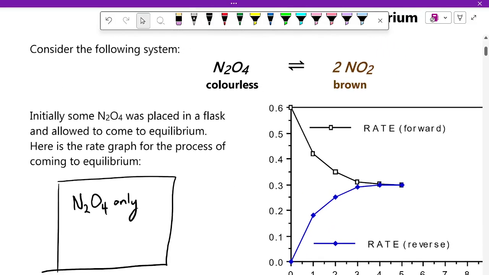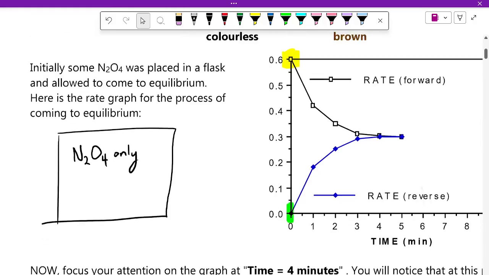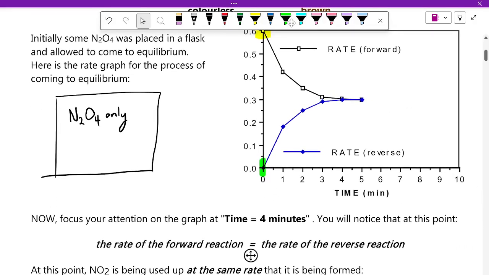What does that tell us about our forward rate? Forward rate is fast. What does that tell us about a reverse rate? Our reverse rate is 0. However, it is in a closed system and we're not changing the temperature. And so what's going to happen? Yes, it will reach equilibrium. So at 4 minutes, we have reached equilibrium.